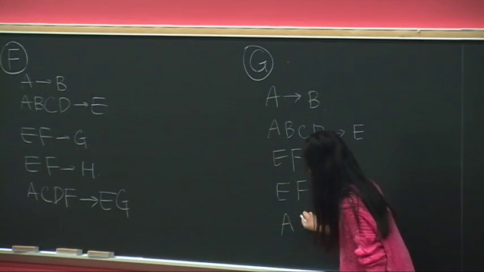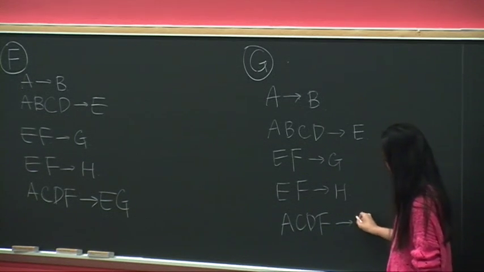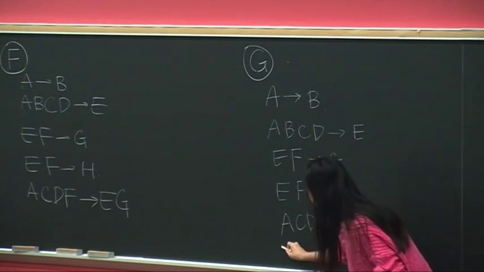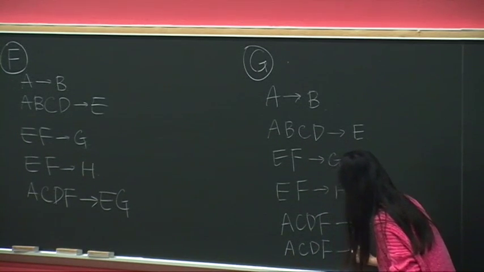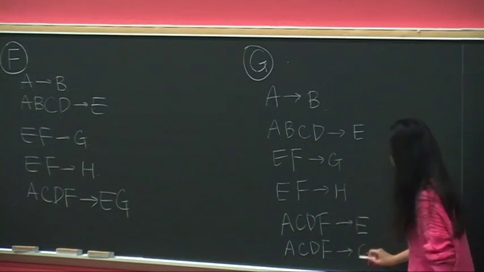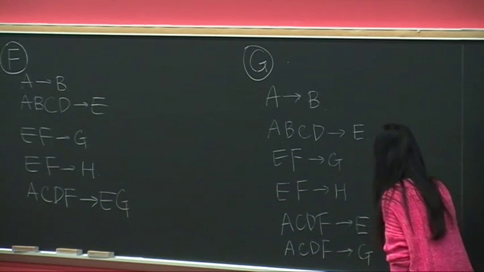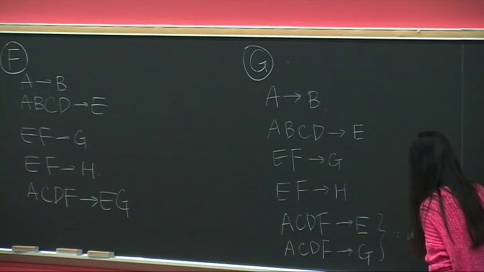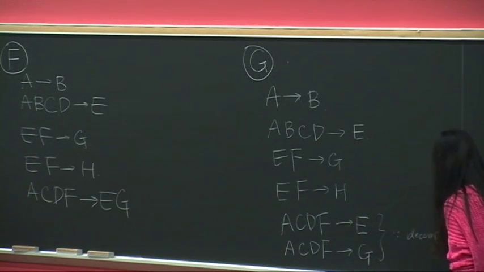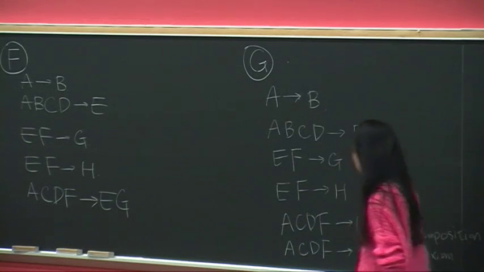So you have AC, and that becomes E. And then I'll keep going, and you have A, C, D, F becomes G. For these two, it's because of the decomposition axiom.